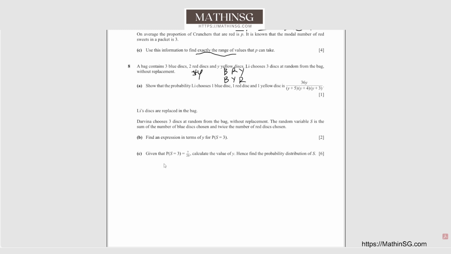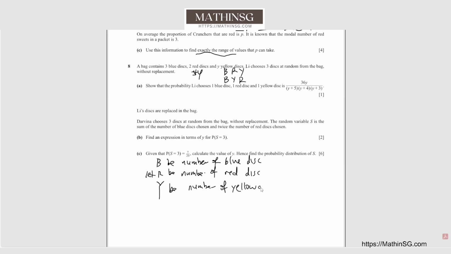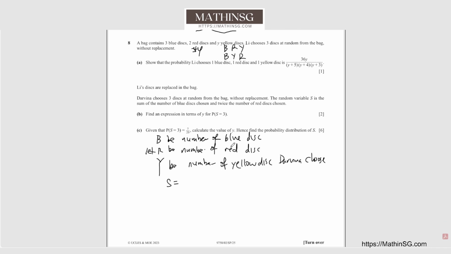So if I were to let R be the number of red discs, B be the number of blue discs, and Y, uppercase Y, be the number of yellow discs that Davina chooses, then I know that S is going to be equal to B plus 2R, right?